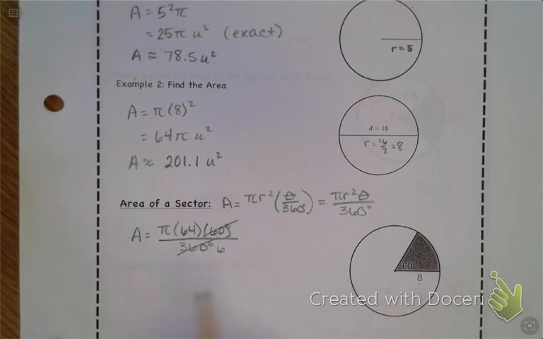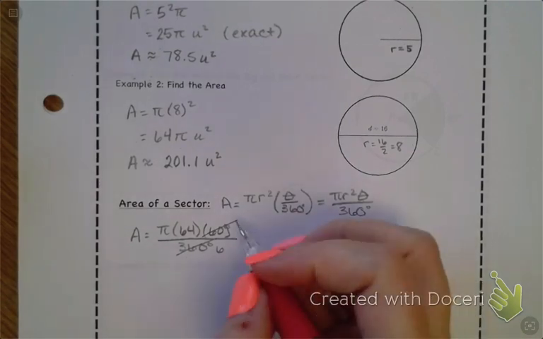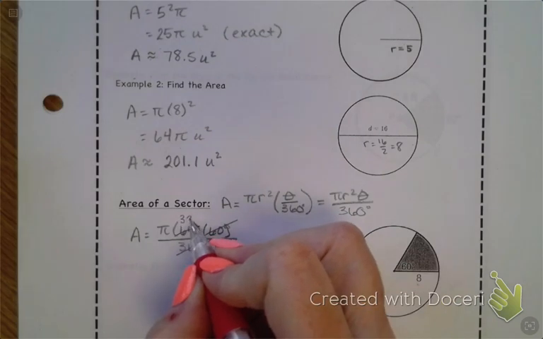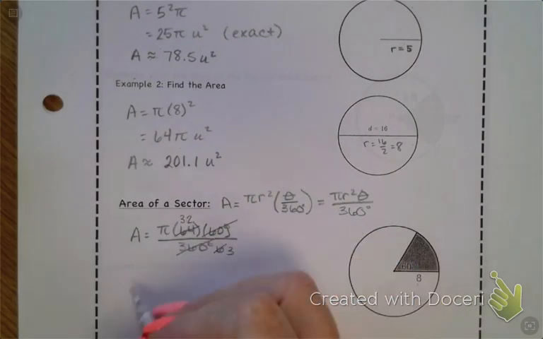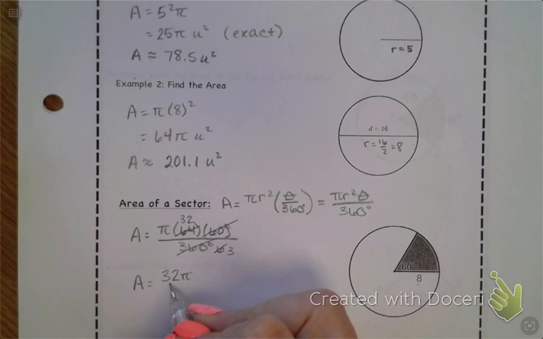And I still have 64 and 6 in the denominator. So 6 doesn't go into 64, but 2 goes into both of them. So this could be 32, and this could be 3. So the exact answer would be 32 times pi divided by 3, and units squared.